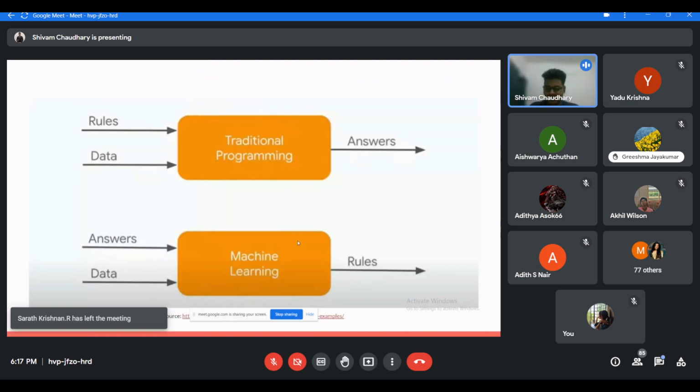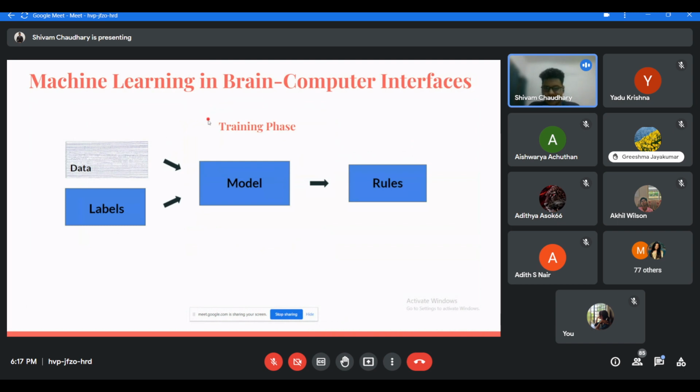So, machine learning in brain computer interfaces. There are two phases to it. In the training phase, we have the machine learning or deep learning model. We give it the brain data and the corresponding labels. As I said, I give half a second of EEG data to the model and tell it that it is hand opening. I also give it the data of hand closing so that it can differentiate, because you need to compare it with something.